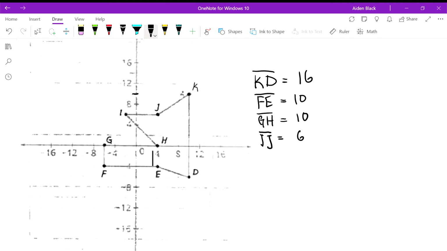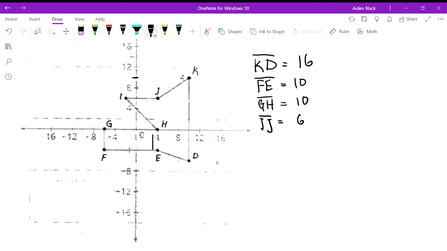Now we have to also count up the ones at slants, right? This is slanted. You can't just count this up. It's not comfortably on the grid, so let's start with JK. JK is going to be equal to the square root of, remember, we're going to create a right triangle out of it.